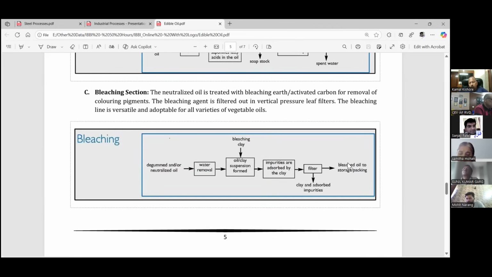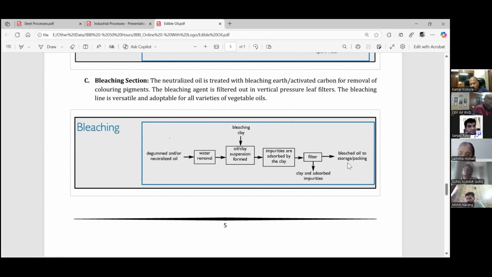Now, due to adding the hexane, due to the degumming and due to the neutralization process, the color of the oil becomes almost black. So we are doing the bleaching process. Bleaching means removing the unwanted color pigments available in the substance and giving it almost pure, white color.